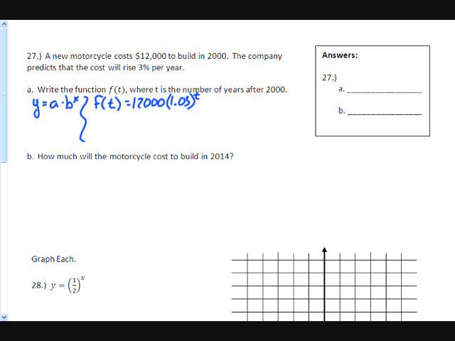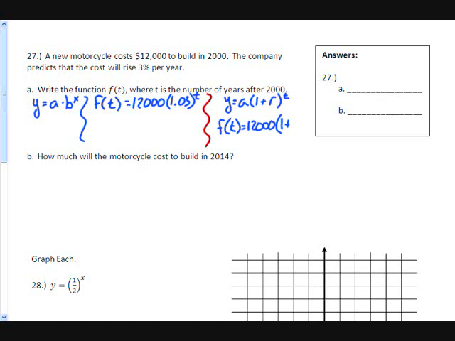The other way you can look at this, there's one other model that I showed you in class, and that's this. You could think of it as y equals a times 1 plus r raised to the t. And if you think of it this way, the variables are already close to what they need to be. Instead of a y, I want an f of t. A is still the 12,000, but now I have 1 plus r.